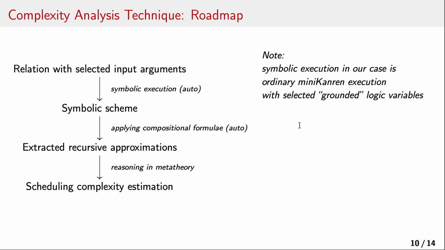Finally, we need to solve the system of recursive approximations to get our complexity estimations. While the first two steps are easily automatable, the last one we leave for reasoning by hand in the meta-theory of the specific relation. We are not sure that some general, powerful approach is possible here, because reasoning about complexity often involves arbitrary notions from meta-theory.